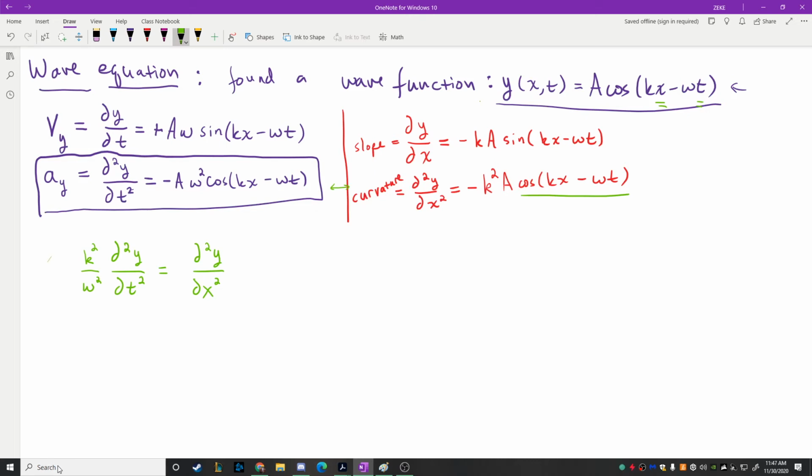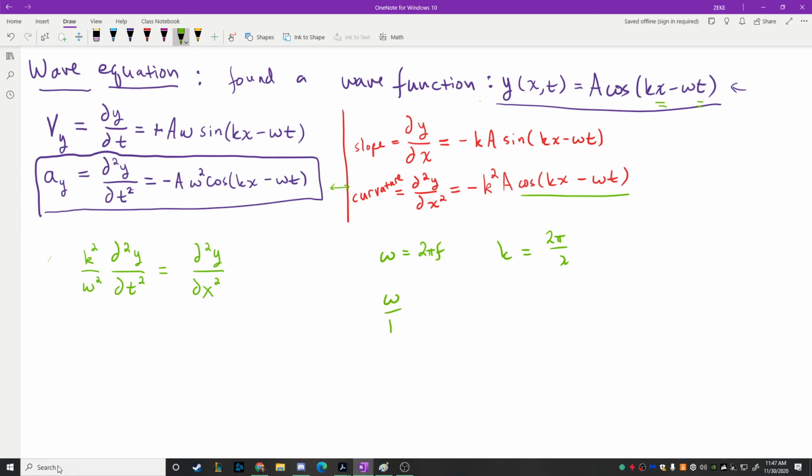We can write this in an even more general way because omega and k are related to each other, right? Just to remind you, omega was equal to 2 pi times frequency, and k was equal to 2 pi divided by lambda. Here, let's do it the other way, because this looks confusing to me. Let's do omega over k. That's usually the way we write it.